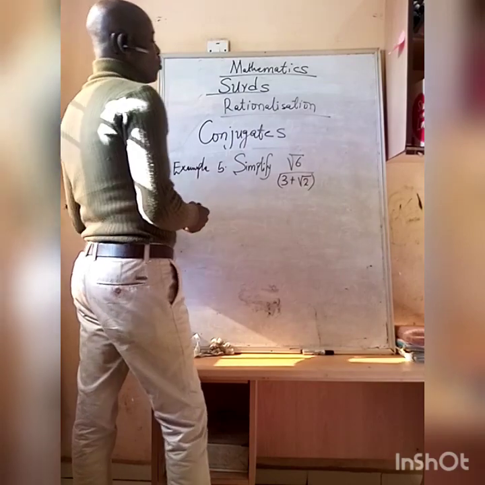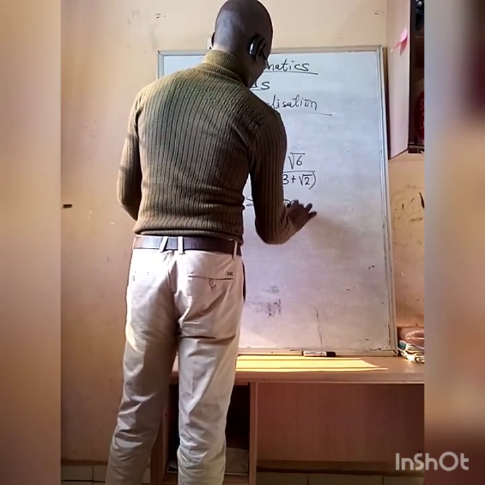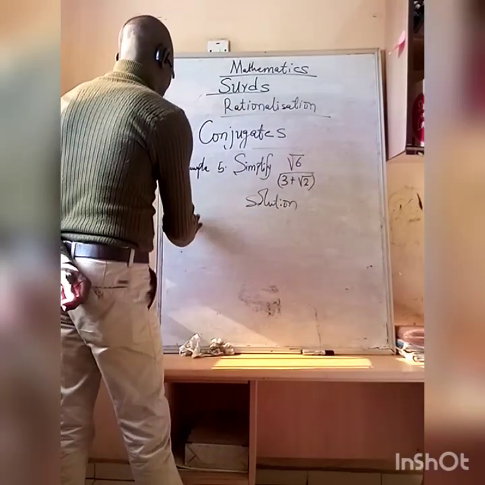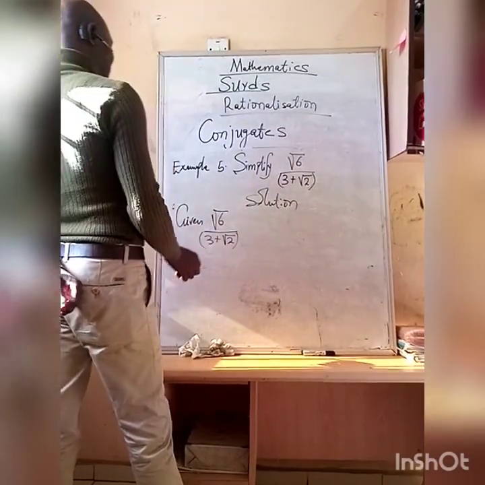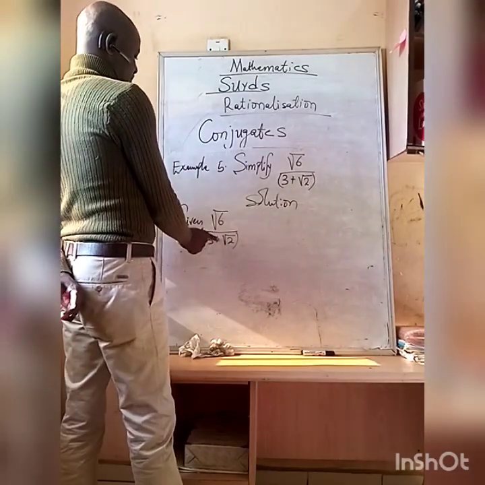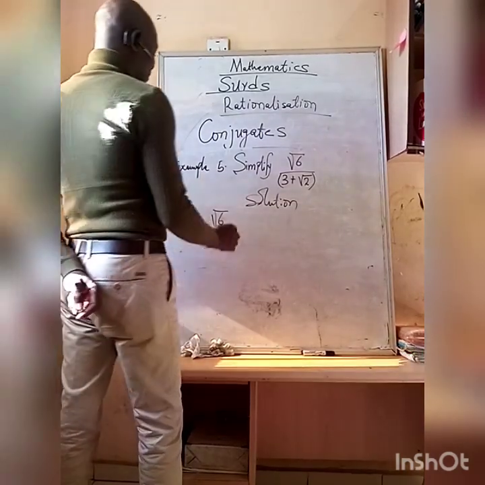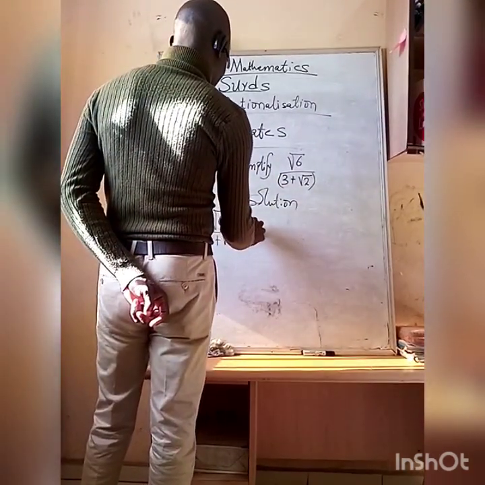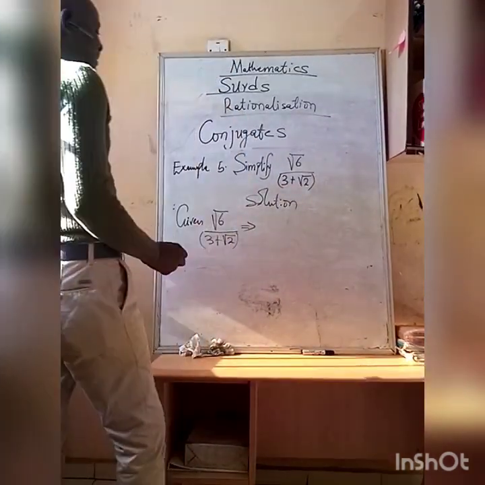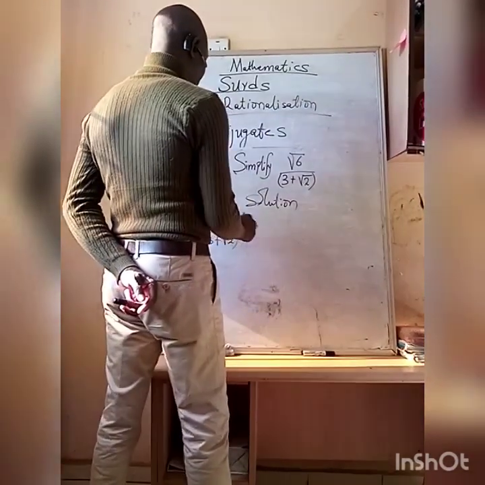So in that case, we will have to rationalize. Usually this pair of brackets will be put to show that they are together. This is addition. If you like to state that you are rationalizing, fine, but even if you do not state it, the examiner understands that you are rationalizing.